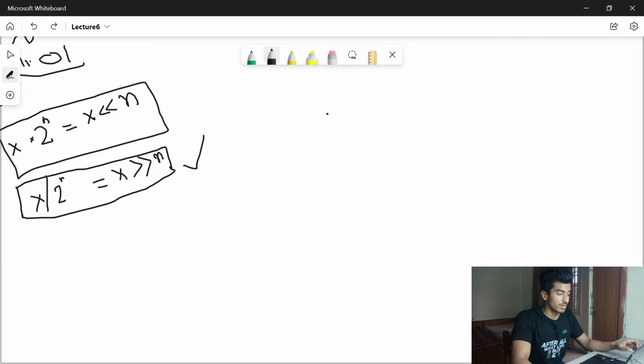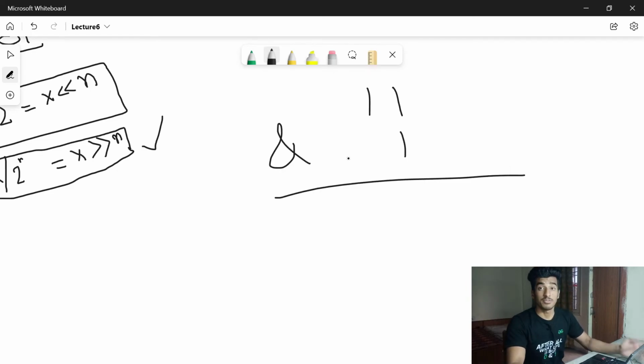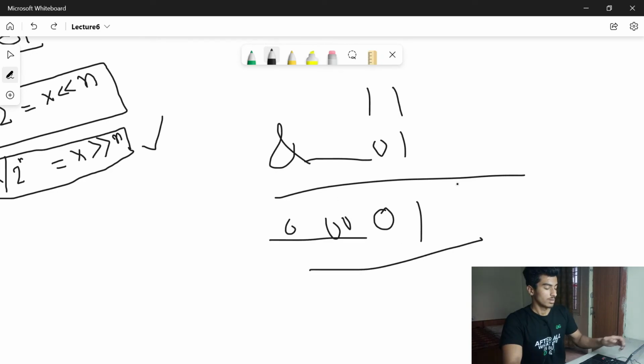n & 1. That means we are using the AND operator with some number and our 1. Suppose I have a number here, 1 1, and I am using the AND operator with 1. And we know that the AND operator only returns 1 when both the bits are 1. So here both the bits are 1, so there is 1 and 1, and here is 0, so it will return 0. The rest of all bits are 0, so in the result there will also be 0.